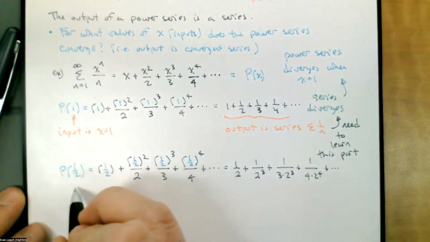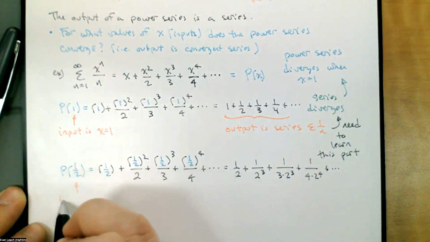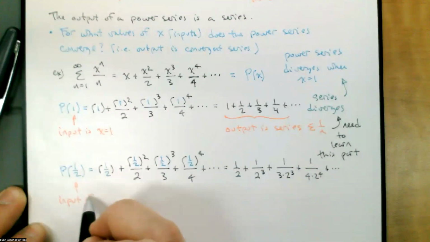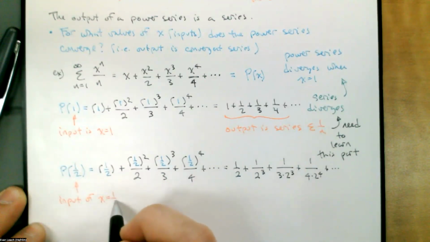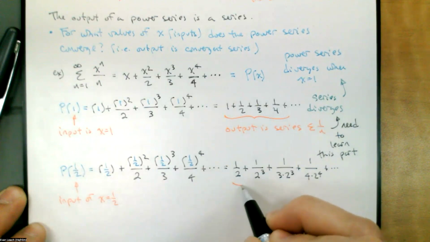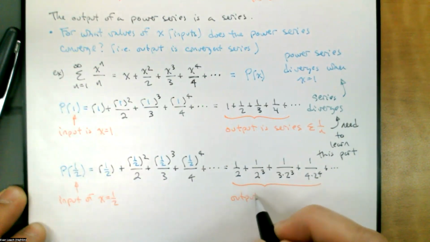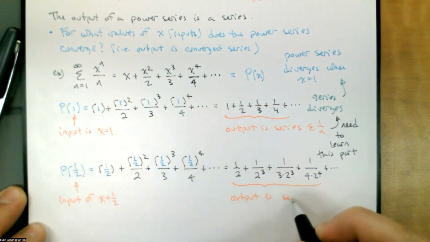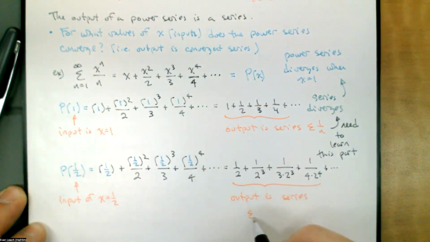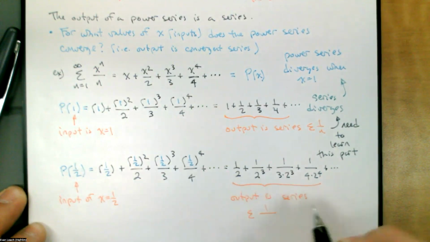So for this power series, we have an input of x equals 1/2, and our output is the series 1 over n times 2 to the n.